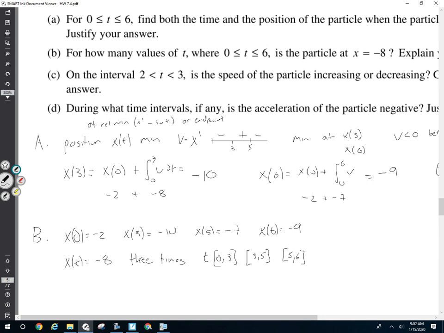It's because velocity values have consistent signs in these intervals. So I must be traveling to the left from a position of negative 2 to a position of negative 10. I must pass through negative 8. I can say both because velocity has consistent signs on those intervals.